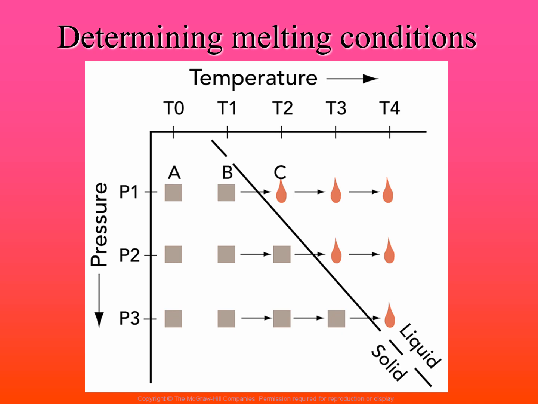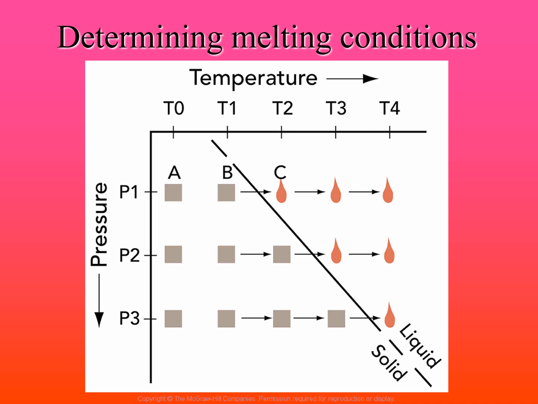At P1, at cooler temperature T0 and cooler temperature T1, this rock is solid. Then, as we increase temperature at the same pressure, we get to T2, and now this rock has become liquid, right? And keeping pressure steady, as we go up in temperature, it stays a liquid and just becomes a hotter and hotter liquid.